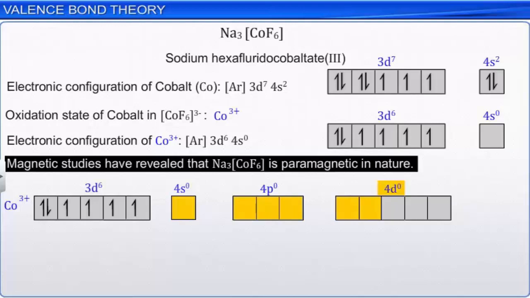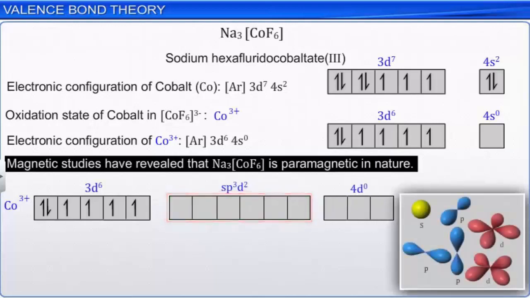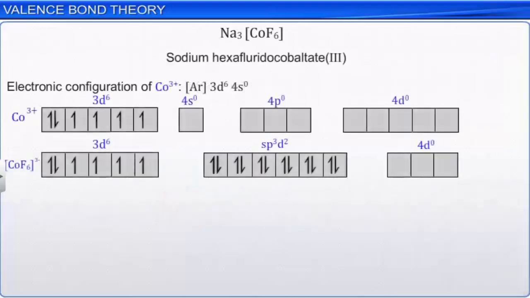Thus, the cobalt ion undergoes sp3d2 hybridization and has octahedral geometry. As the outer d orbitals are utilized for hybridization, the complex is also called an outer orbital complex or high spin or spin-free complex.